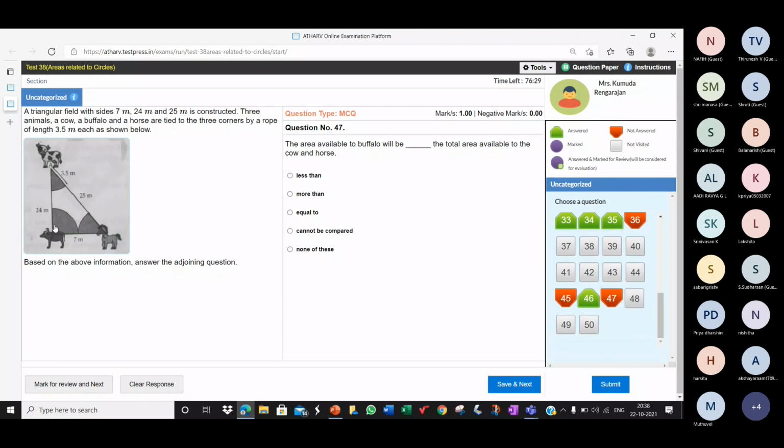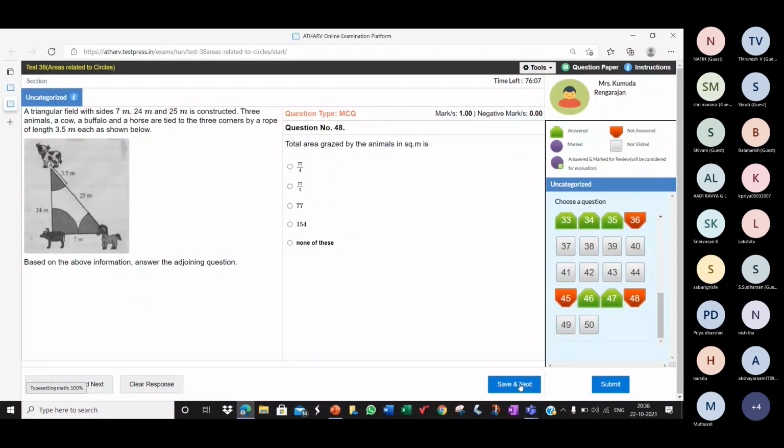This angle alone is 90. That means the area of this sector will be equal to the sum of the areas of these two sectors. That means the area available to the buffalo will be equal to the total area available to the cow and the horse.